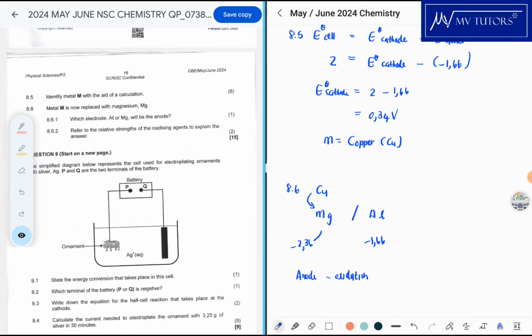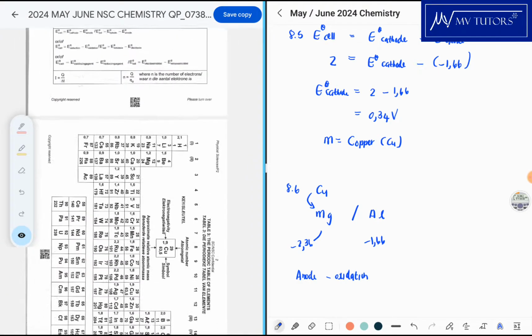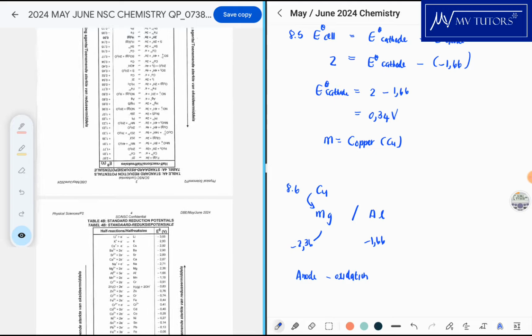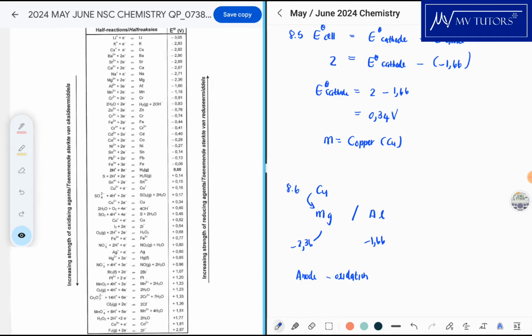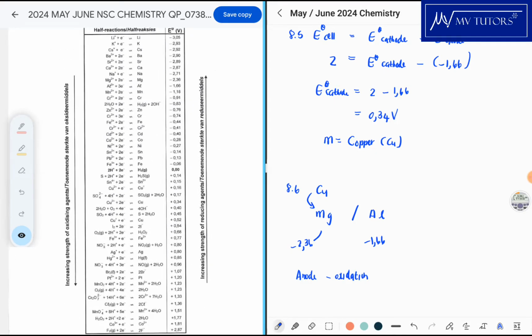And if we look at, I shouldn't actually have left that table. If we have a look at our description, as we go up, it's increasing strength of reducing agents. Reducing agent meaning it can oxidize way better. And magnesium is on top of aluminium. So magnesium can actually oxidize way better.